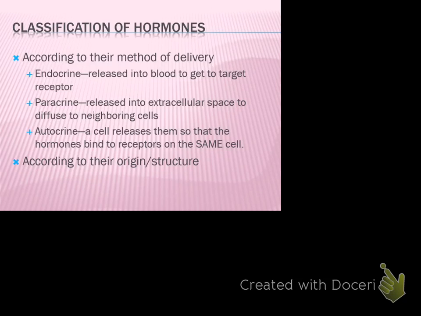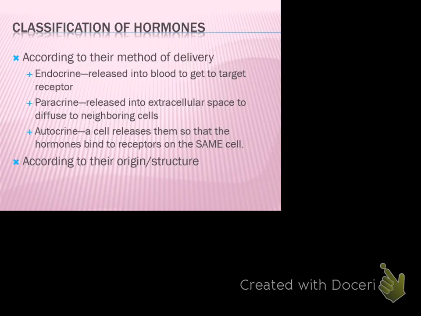And so then we have the three methods of delivery. I forgot to have that hidden, but we have the endocrine, paracrine, and autocrine. So you can classify them accordingly. Autocrine is the one there aren't very many examples of.